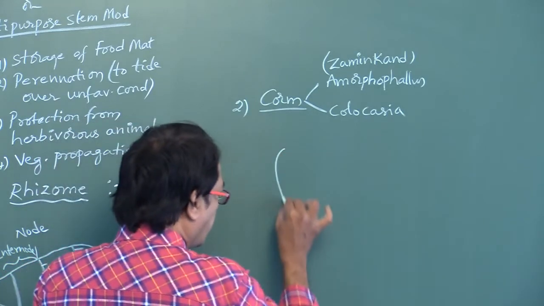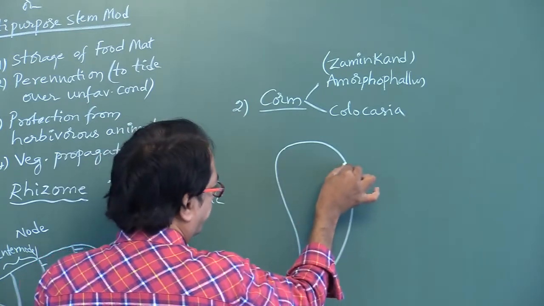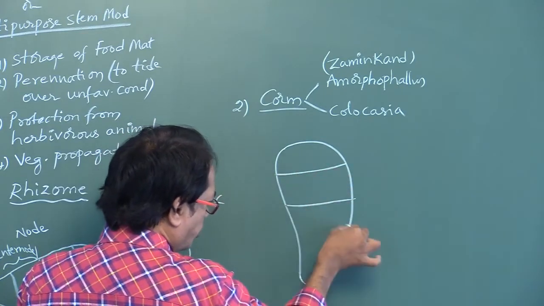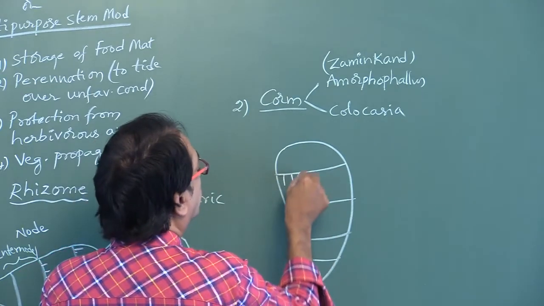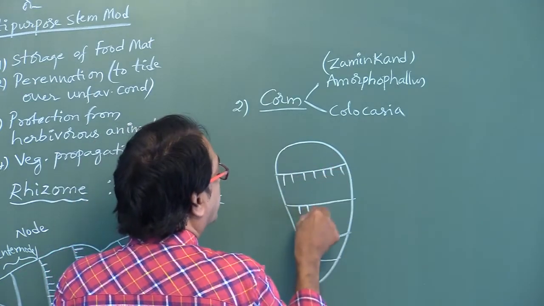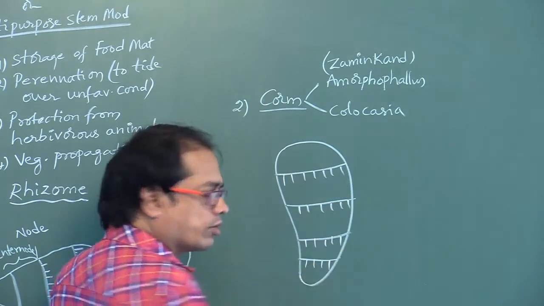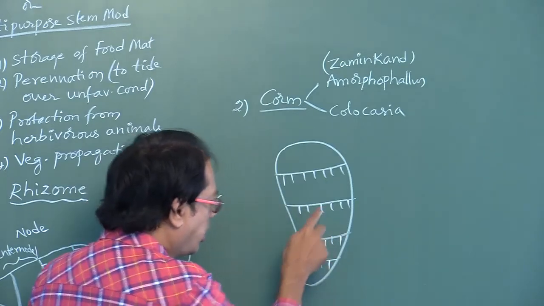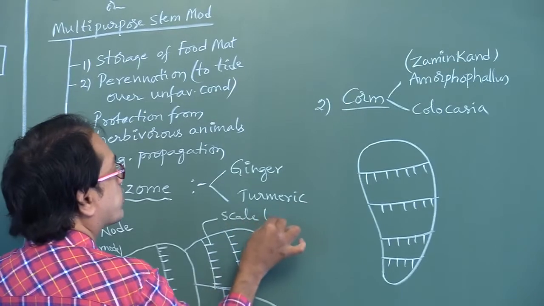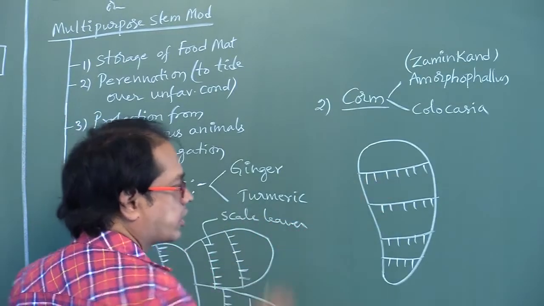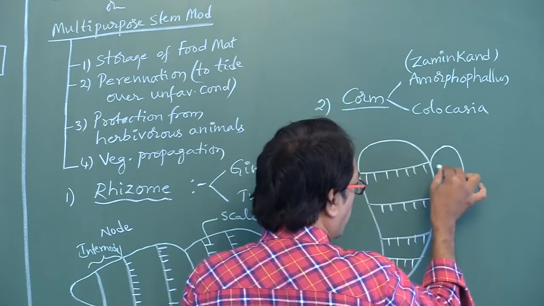If you look here, this is the corm. These are the nodes. At each node, what do you find? Scale leaves are present. These are nothing but scale leaves. Here also scale leaves only. Here daughter corm is developed.